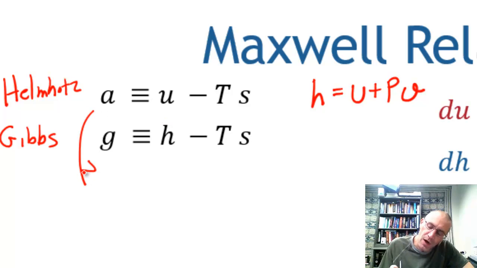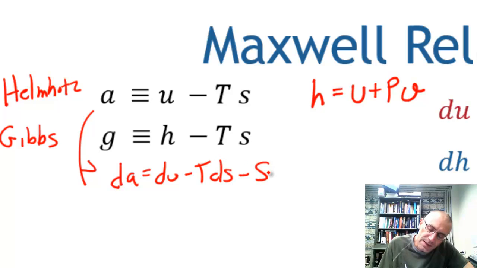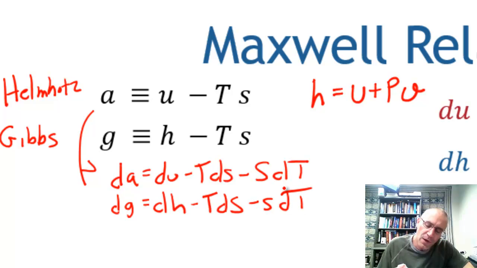Now, what I'm going to do is some calculus on the Helmholtz energy, and I'm going to take the total derivative. And so dA would be equal to dU minus TdS minus SdT. Just some calculus. I could do the same thing with Gibbs energy and say dG is dH minus TdS minus SdT. All right.